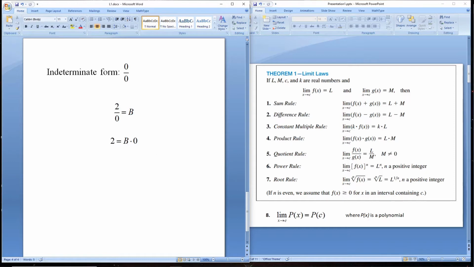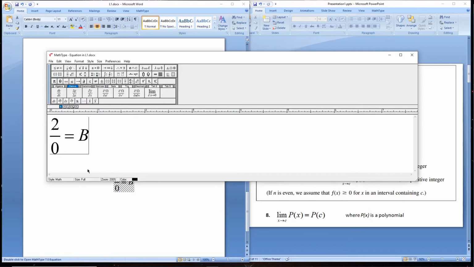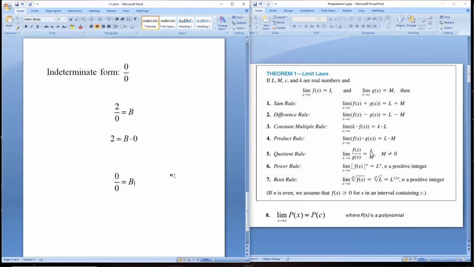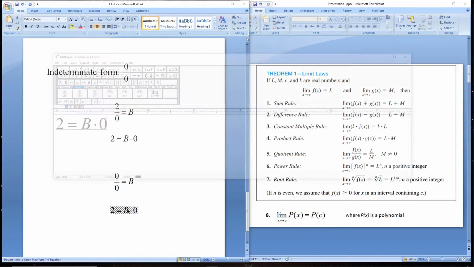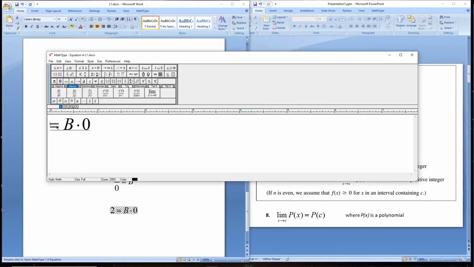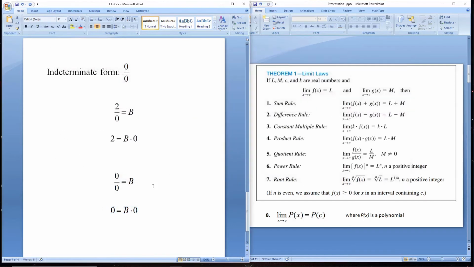However, what if instead of 2, this was 0. So let's say 0 divided by 0 equals something. We don't know what that something is. We're just calling it b. And let's rearrange that again by multiplying both sides by 0.